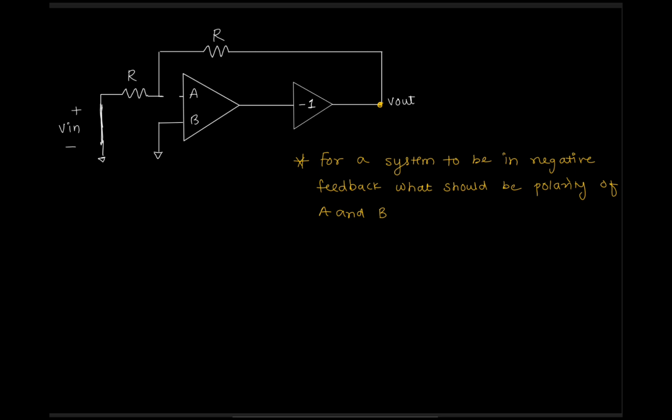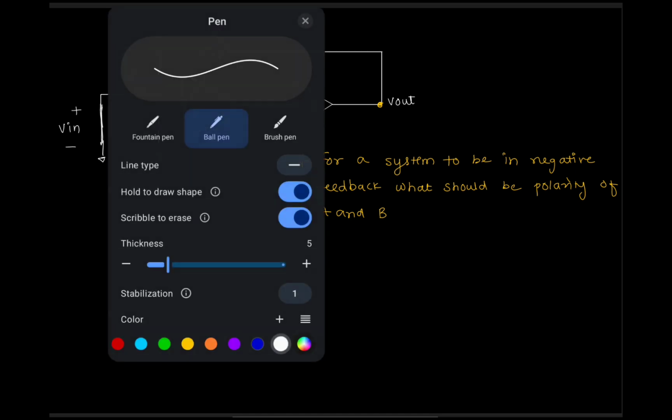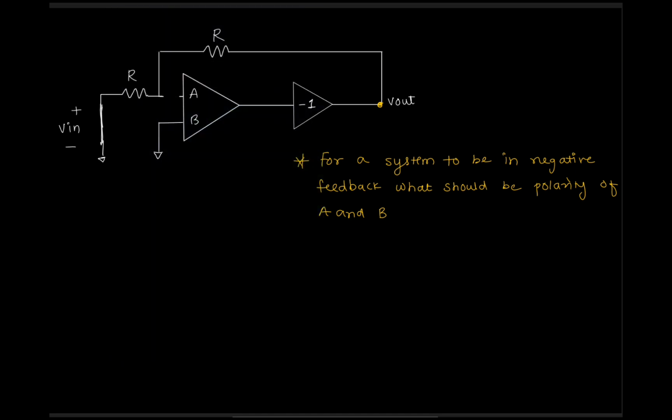So what we will do, I'll just use a different color. We will check what is the Vx in terms of V out, how much it is getting as feedback. Here they have told V out is this, but the actual V out of the op-amp is this.